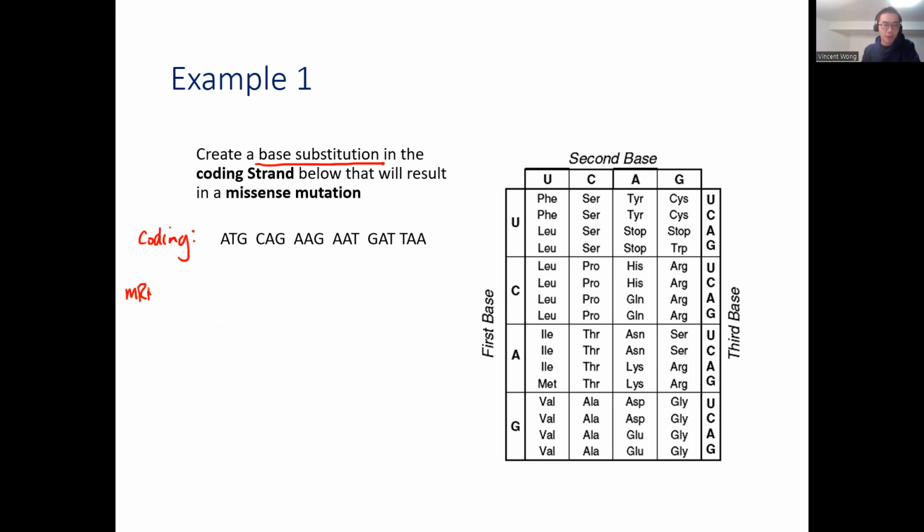Let's change it to mRNA first, because the codon chart is based on mRNA, right? It's easier if we look at the mRNA. So I give you the coding strand, you can just copy it. Right?